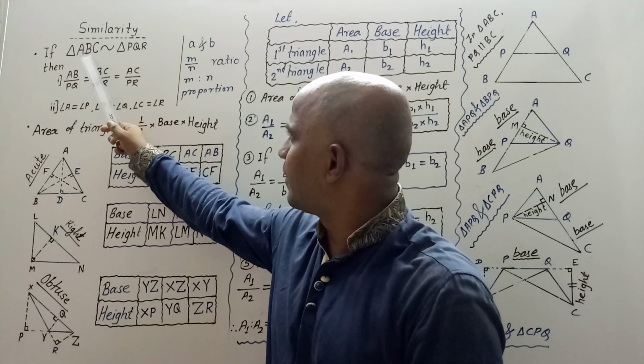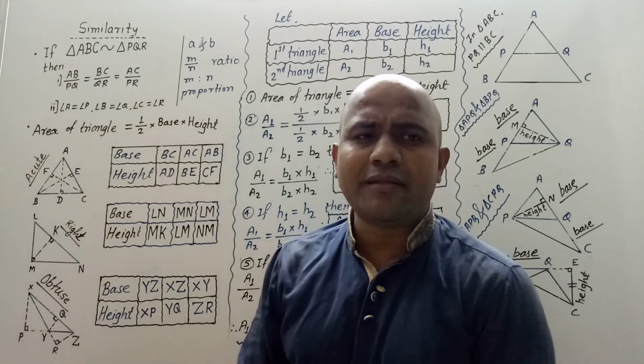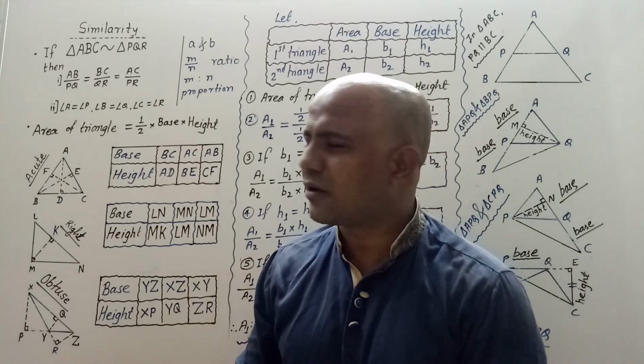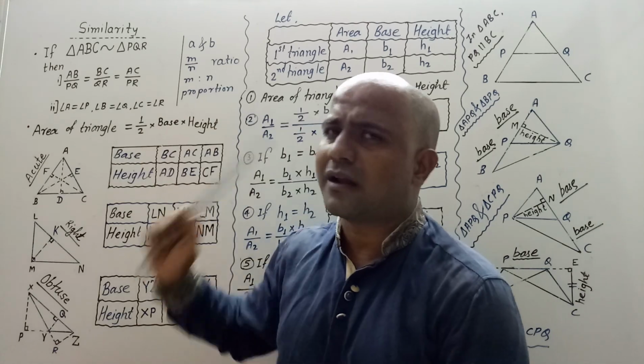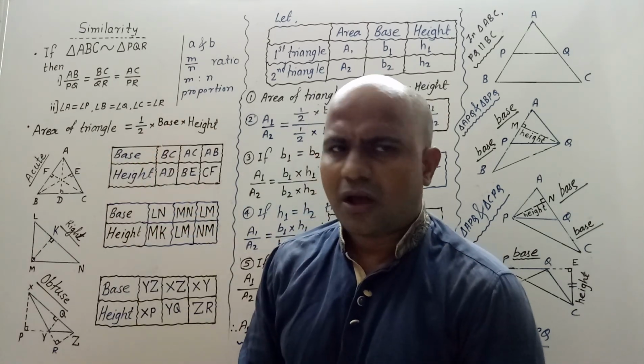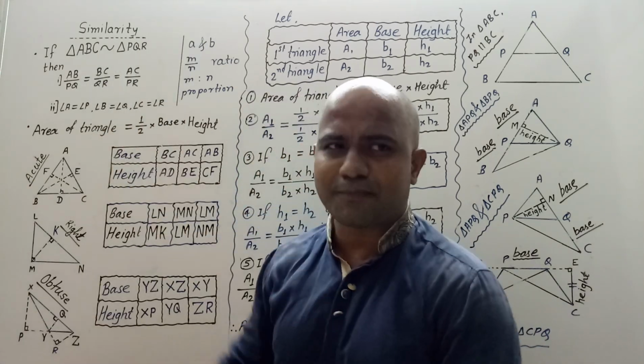Now only remember this: if triangle ABC is similar to triangle PQR, then their corresponding sides are proportional, meaning the same proportion, and their corresponding angles are of equal measure, meaning they are congruent. How to remember this? The name of the first triangle is ABC, the second triangle is PQR.